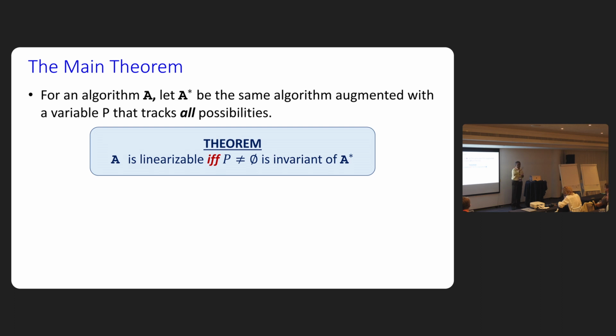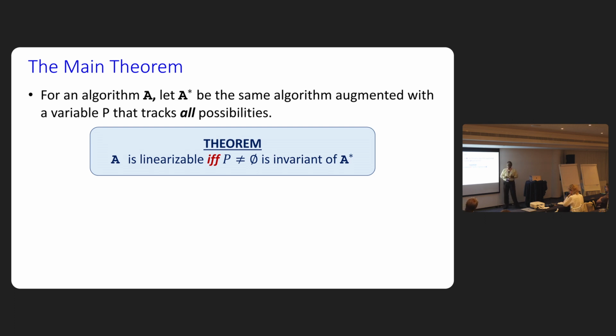If the set of possibilities will never become empty in any run, then your algorithm is linearizable. Conversely, if your algorithm is linearizable, then this set will never become empty in any run. So that is the use of this set.